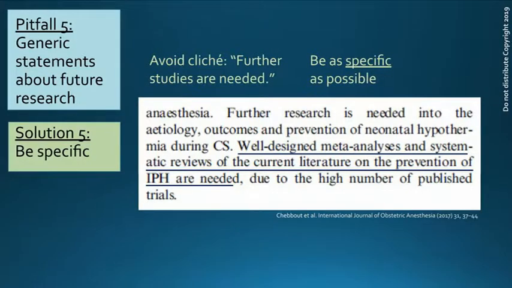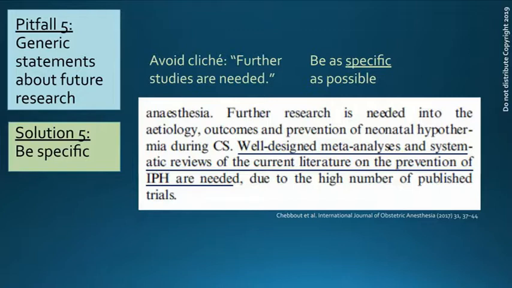This pitfall or challenge has to do, again, with being a little bit too generic. Often we see generic statements in a research paper about future research being needed. So I suggest being as specific as possible throughout your entire manuscript, but particularly with this part. This is a nice example of a specific recommendation about what the next step should be.